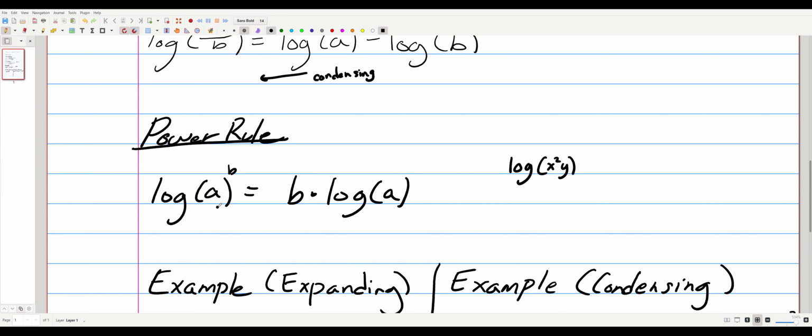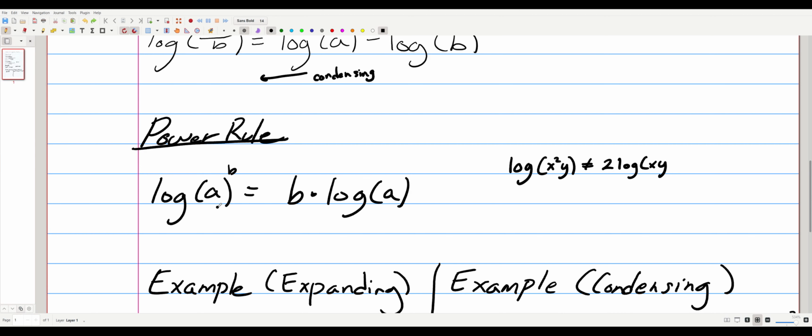So we wouldn't be able to use the power rule right away. Let's say, so this is not true, but we wouldn't be able to write the 2 out in front using the power rule. Because why? Well, because the y is only to the first power.